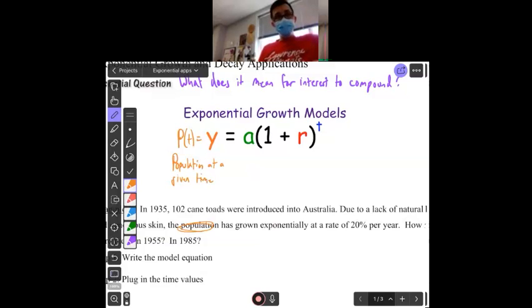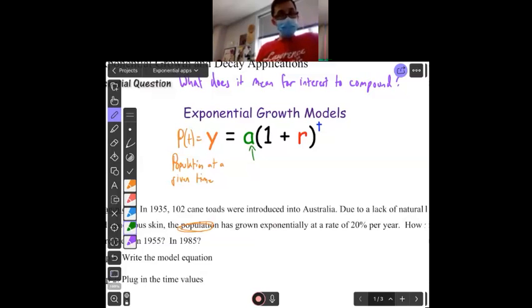It also could stand for just an amount of things. If you were looking at the number of cherries on your cherry tree over time, you could say amount at a given time. The A value there is the initial population or the initial amount.